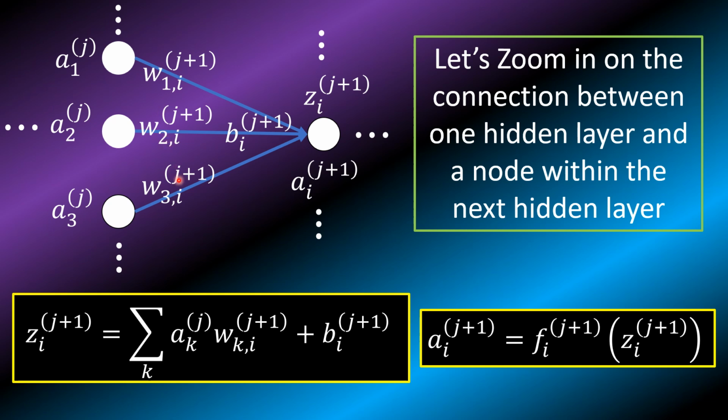They're going to be weighted, and we're going to add a bias term, the bias term of the ith neuron in the J plus 1th layer, and that's going to equal our Z sub i J plus 1, our signal. Then we have the response of our neuron as described by this activation function A sub i J plus 1, the response to that signal over here.